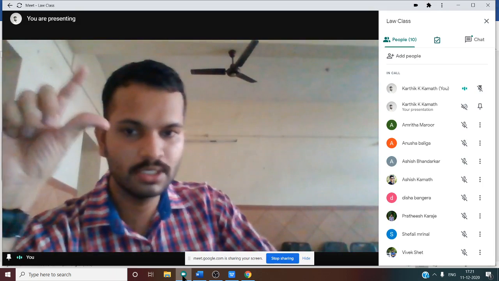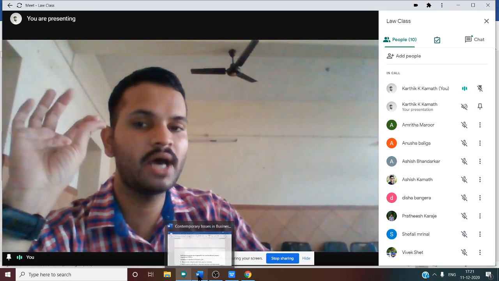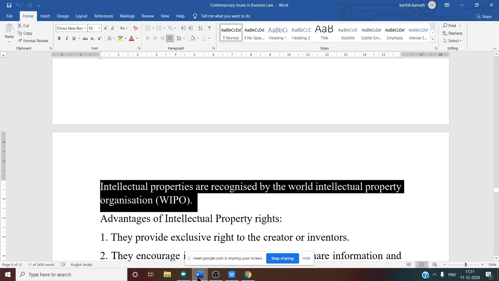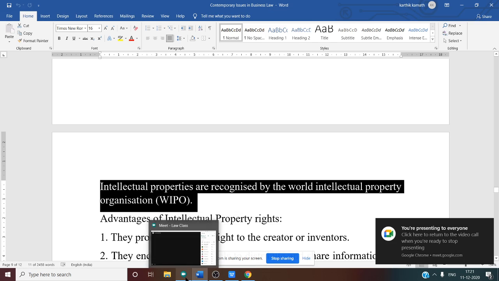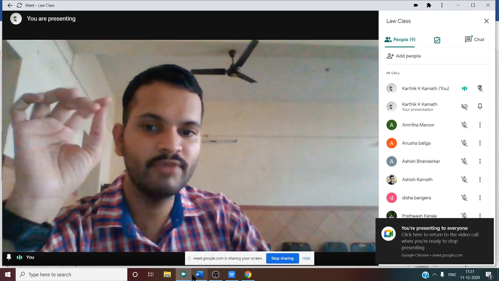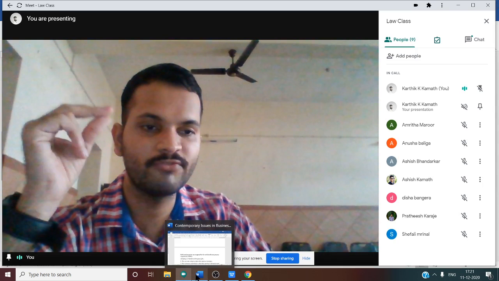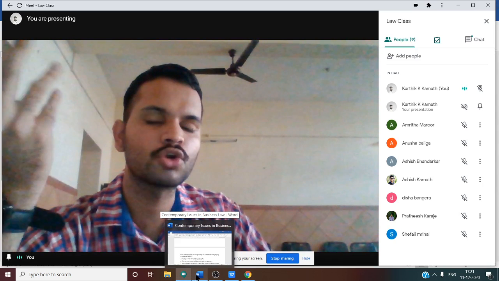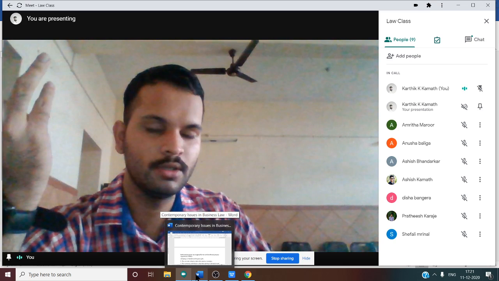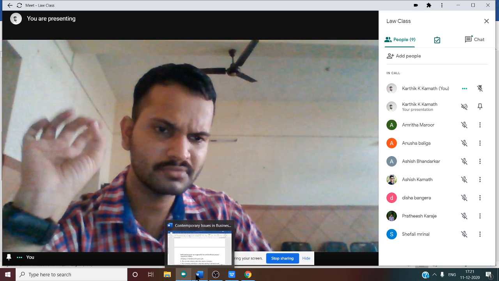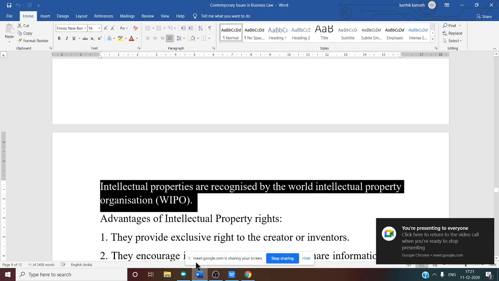So the rules and regulations are controlled by WIPO, and without its permission you cannot change the rules and regulations, because it is the governing body for intellectual property right.